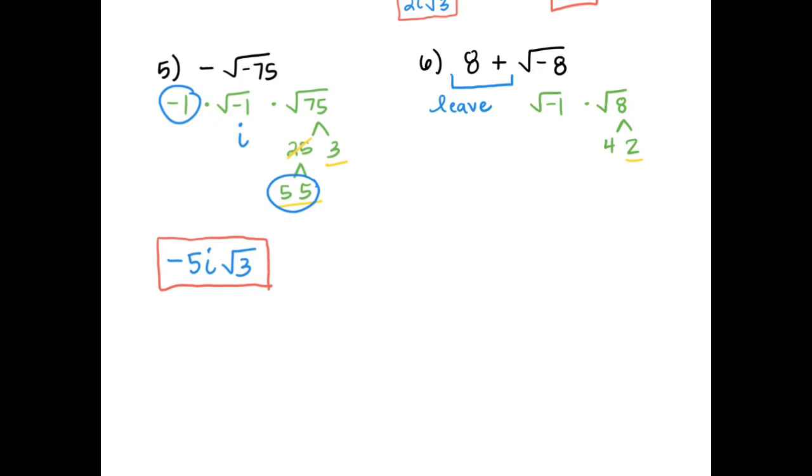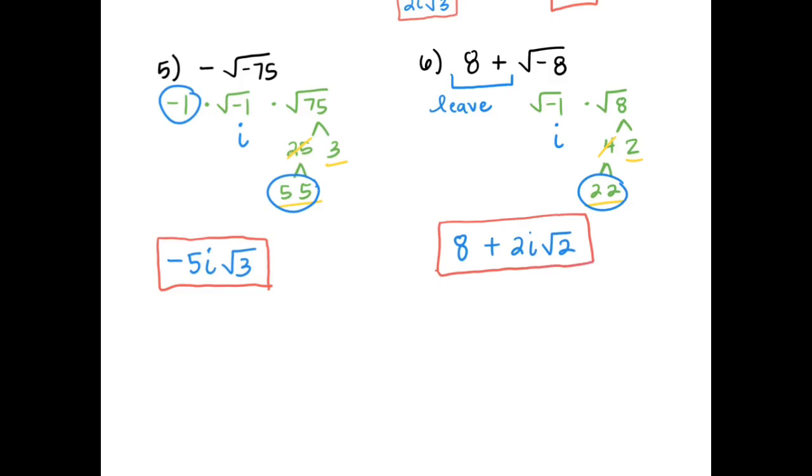So 8 is 4 and 2. 2 is prime, 4 is not. So I'm going to cross out the 4, which gives me 2 and 2. Notice that I have three 2s, but a pair is only 2 of them. So I'm going to have my 2i. Now from here, let's go back to the part we left alone. Drop it back down as part of the answer. So I've got 8 plus 2i root 2.